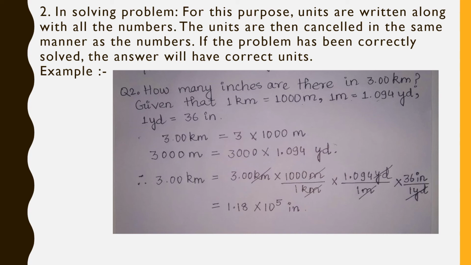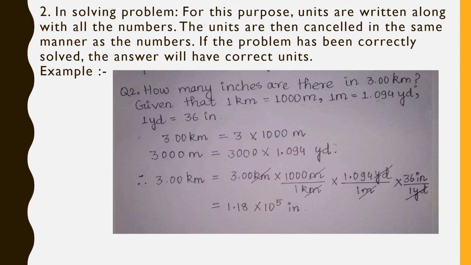Let us discuss one more example. The question is: how many inches are there in 3 kilometers? You have been given 1 kilometer is equal to 1000 meter, 1 meter is equal to 1.094 yard, and 1 yard is equal to 36 inches. You have to convert 3 kilometer into inches.